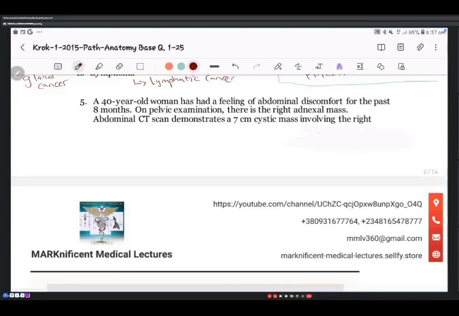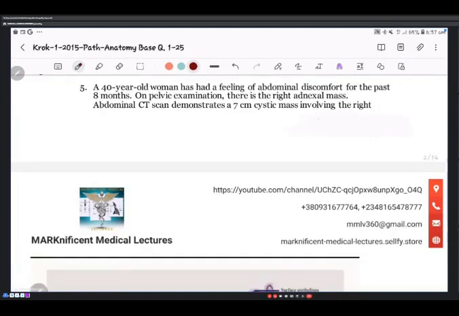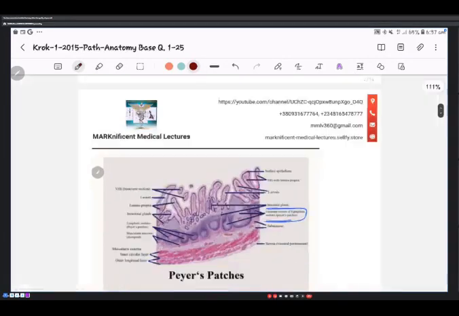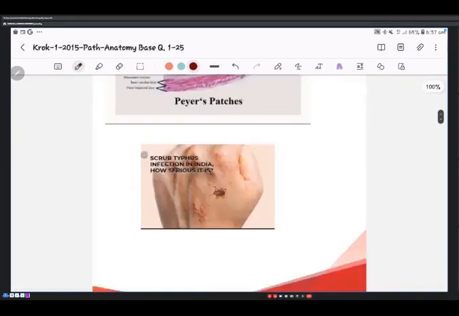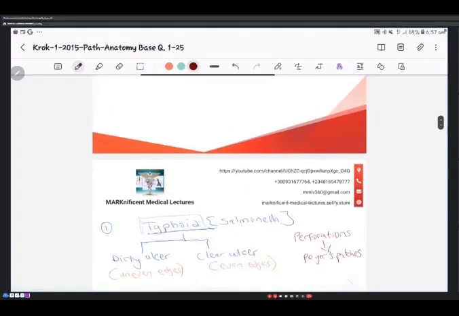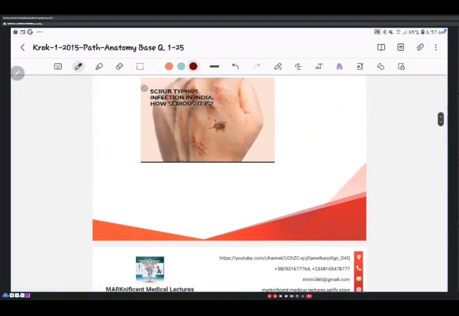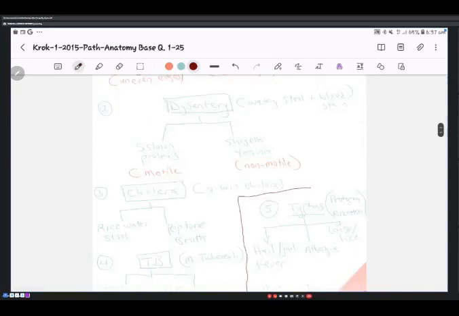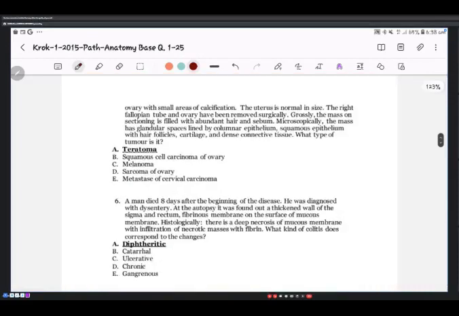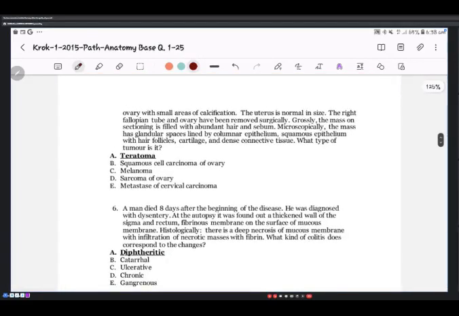Abdominal CT scan demonstrates a 7 centimeter cystic mass involving the right ovary with some small areas of calcification.